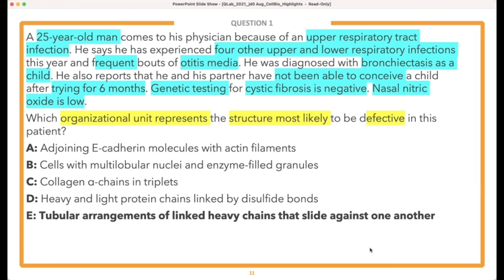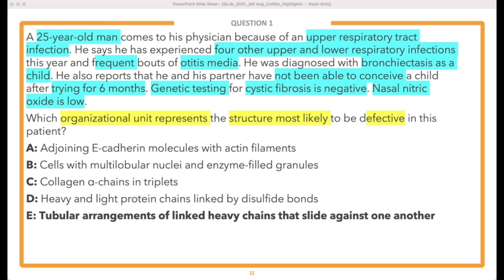Answer choice D would be getting at something like antibodies. Antibodies have 2 heavy chains and 2 light chains, and they're linked by disulfide bonds, okay? A defect in antibody structure could cause recurrent infections, but that wouldn't explain the fertility problems.